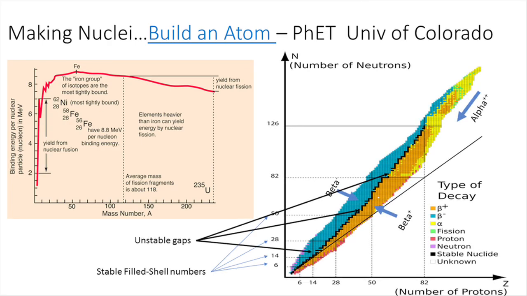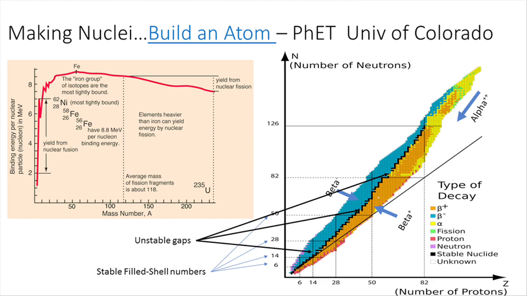But if we look back and think about all those different things that we made, the black stuff in here, those are our stable nuclei. If I put too many neutrons, I'm up here, and those are unstable. If I put too many protons, I'm down here, and those were unstable. And if we look on here, there are these interesting numbers.